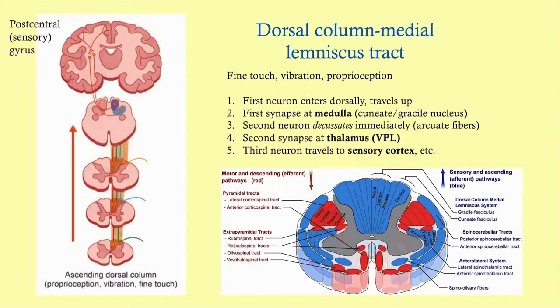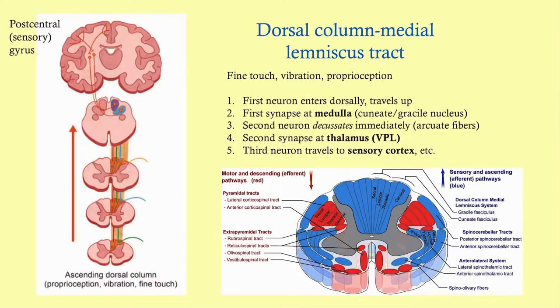The DCML, also known as the dorsal column-medial lemniscus tract, is responsible for transmitting information about fine touch, vibration, and proprioception. So what happens is you have a nerve that has a receptor.